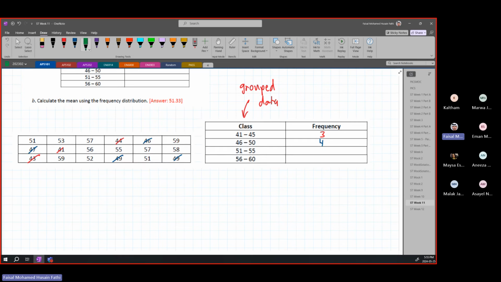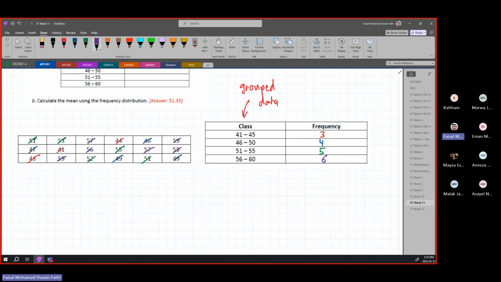So we have 4 values. 51 to 55, so 51 is here inclusive, that's 1. 53, that's 2. 55, that's 3. And 52, that's 4. 51, that's 5. So we have 5 values over here. And then the last one is 57, 59, 56, 57, 58, and 59. We have a total of 6 values.